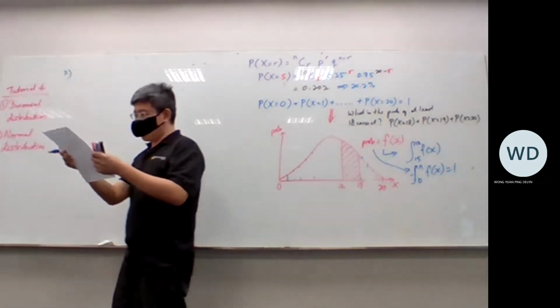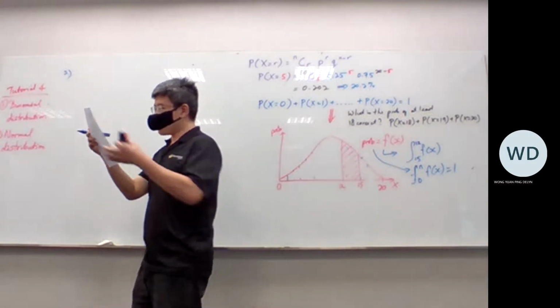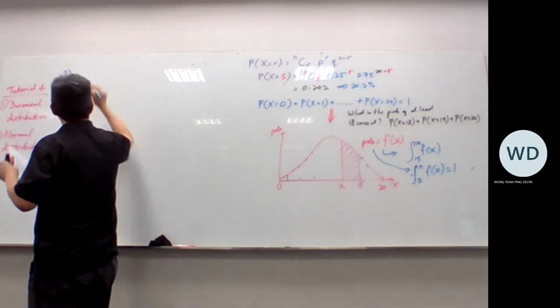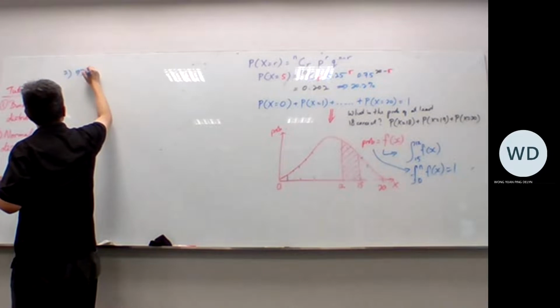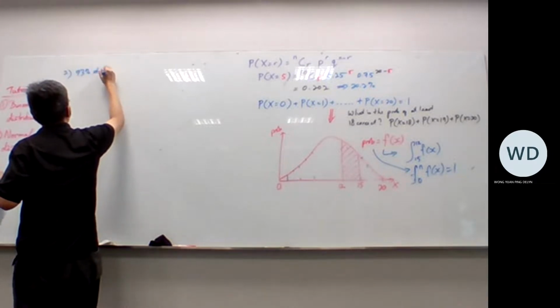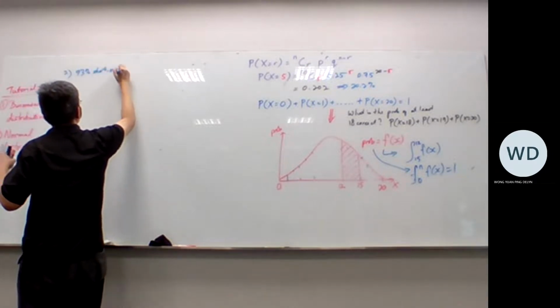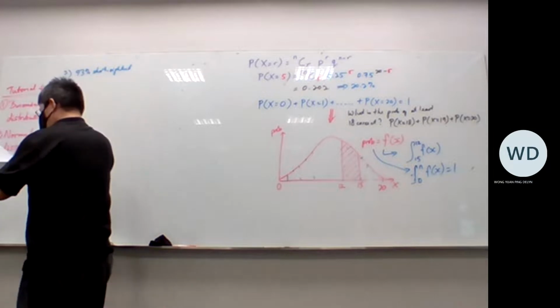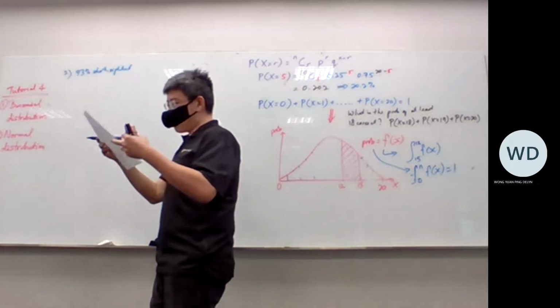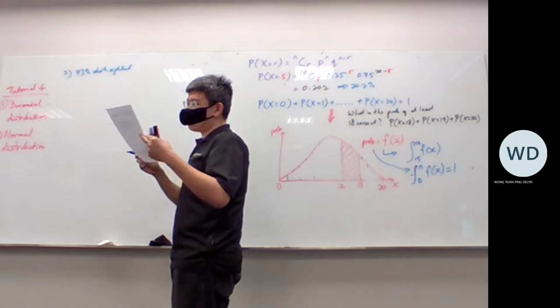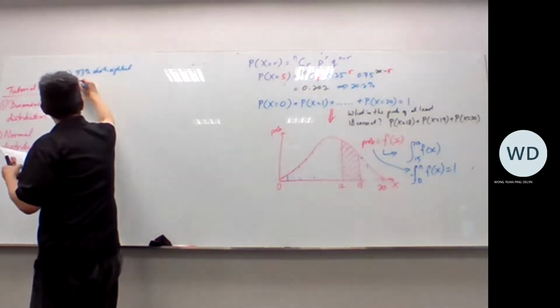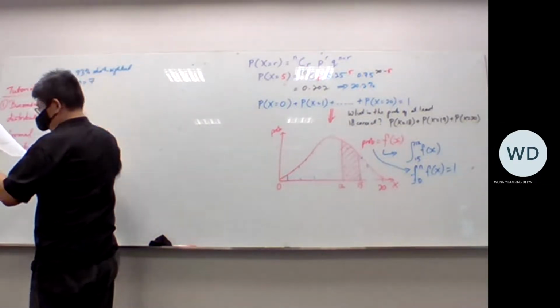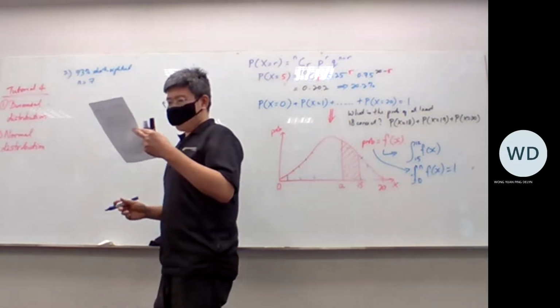tells you that in a large population, the proportion of short-sighted is 73%. Okay, so 73% short-sighted. You have a random 7 people chosen, so n equals 7. Okay.